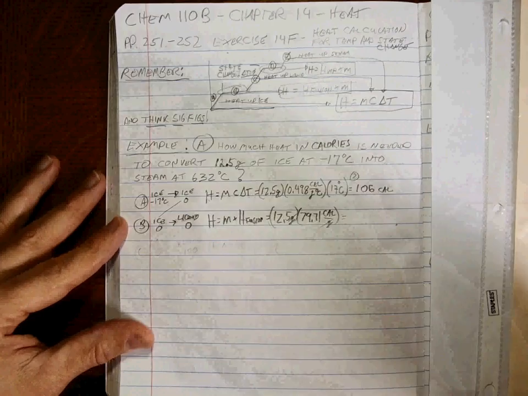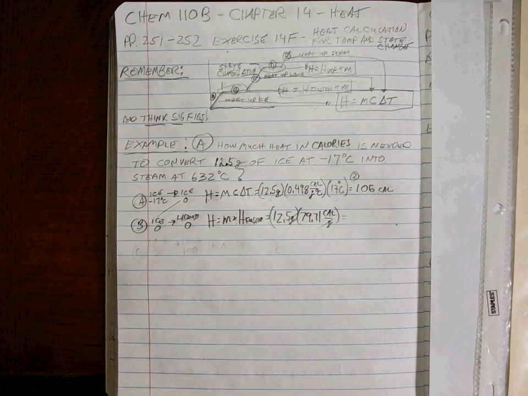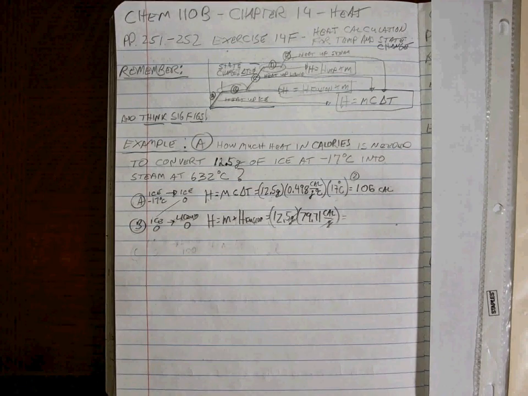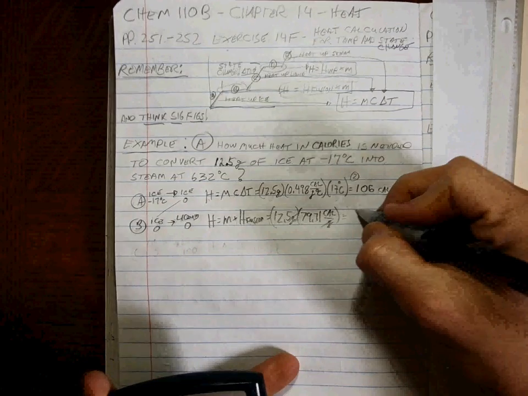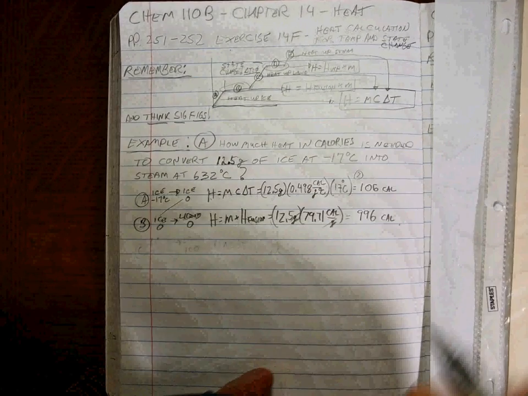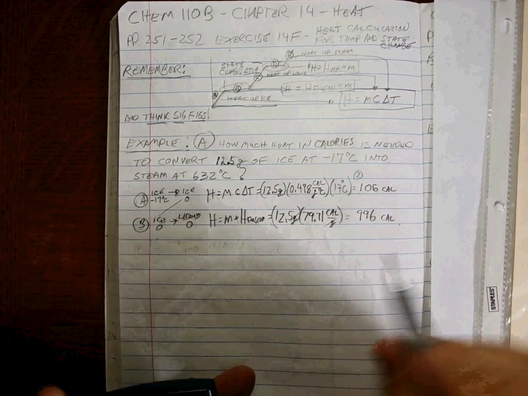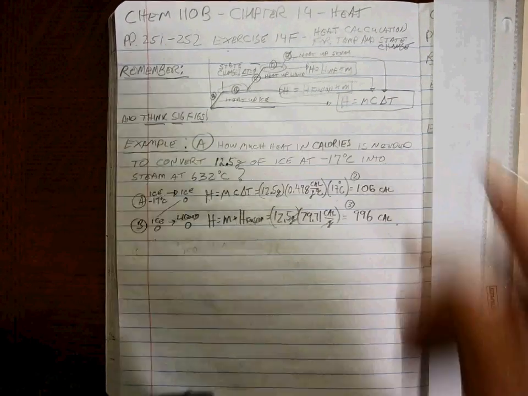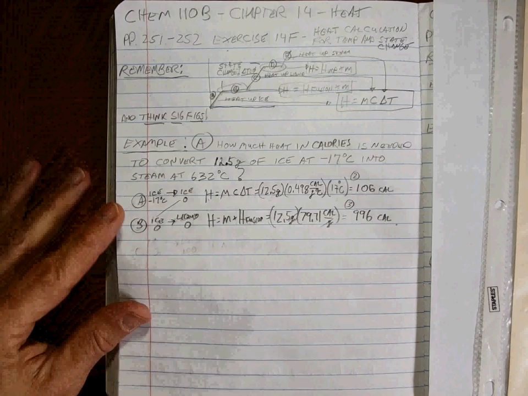We're going to add up this many calories. 12.5 times 79.71 is 996 calories. How many sig figs? 3, 4. So this one has 3. Let's keep going.